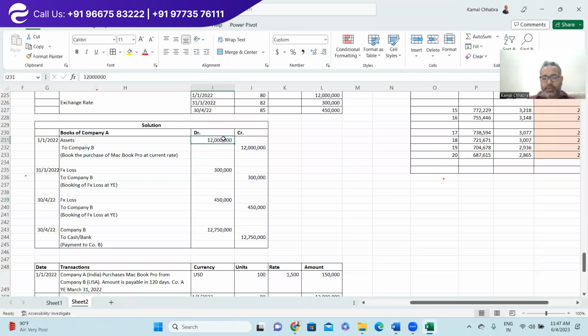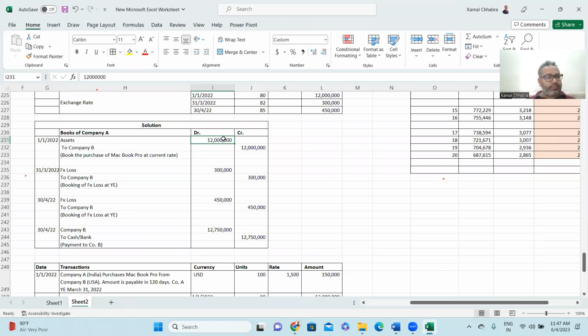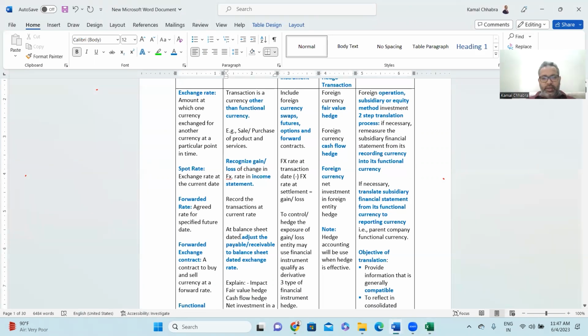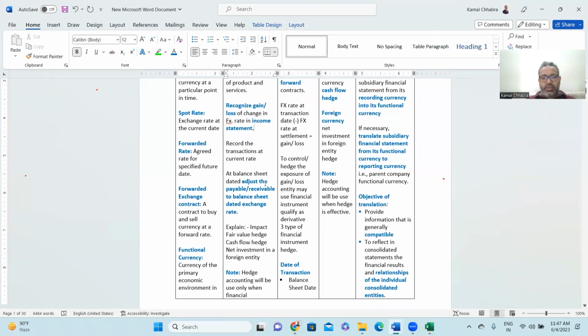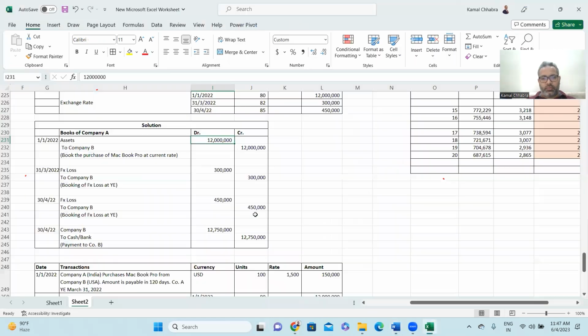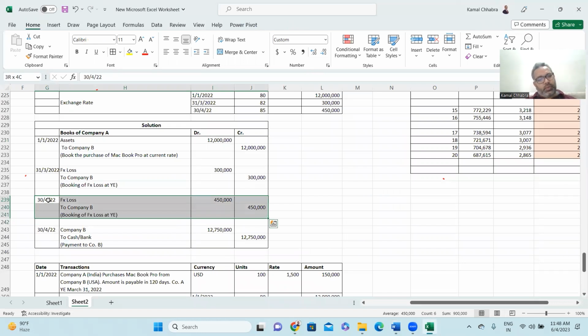So the first time you recorded the transaction at the current rate. Then at the balance sheet date, adjust the payable and receivable to the balance sheet date exchange rate. So what we did on the balance sheet date, we adjusted the receivable and payable. Yes, sir.